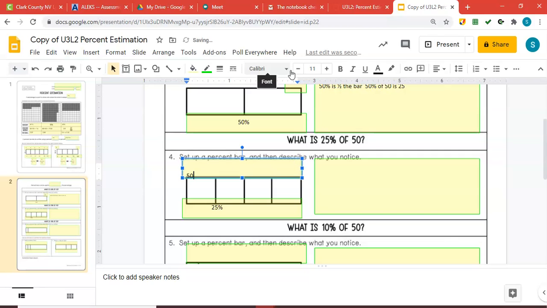So here's our 50, and we'll make that just a little bit bigger so it lines up properly. And then half of that was 25, and then half of that would be 12.5. So 12.5 is 25% of 50.